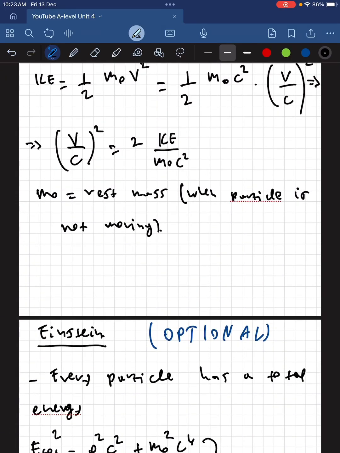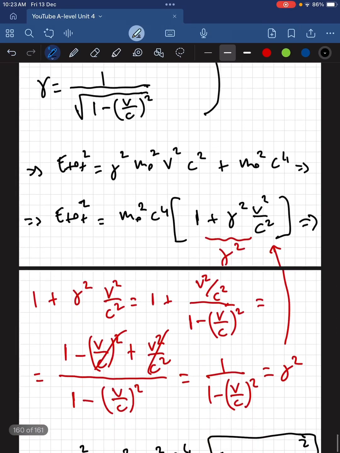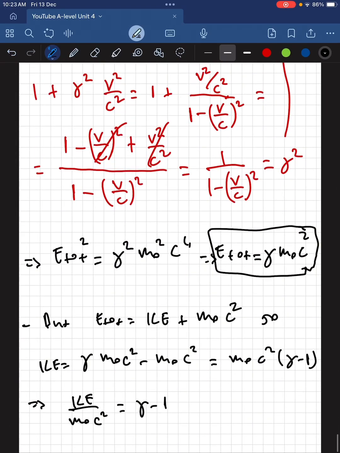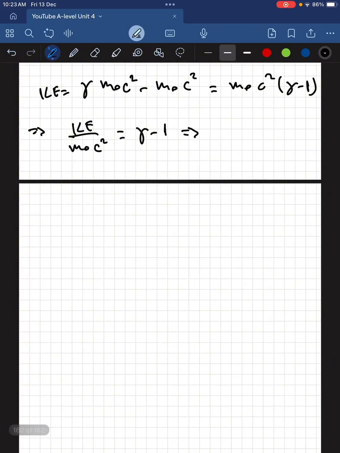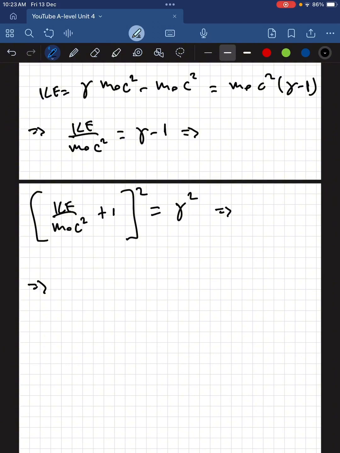And this reminds us of what we did here. Kinetic energy over m naught c squared classically is equal to v squared over c squared over 2, right? But anyway, let's go back to this. Let me do one more thing: kinetic energy over m naught c squared plus 1, and let's take the square, is equal to gamma squared.